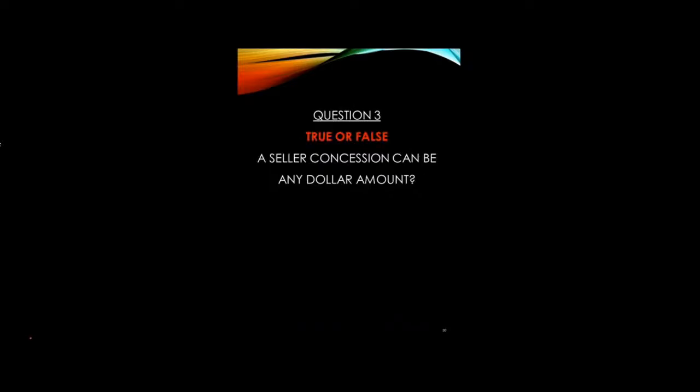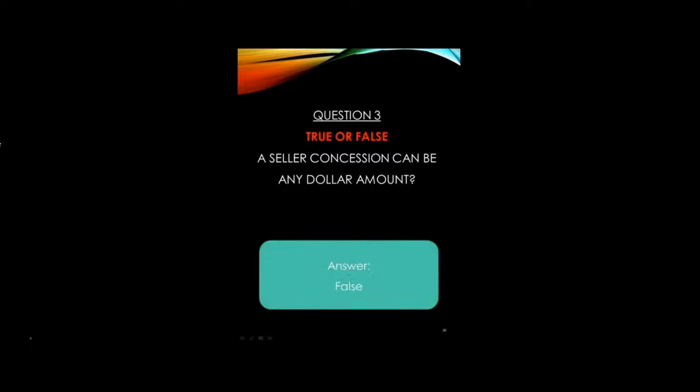Question 3. This one is a true or false. A seller concession can't be any dollar amount. Okay. The answer is false. Now, we never really talked about a dollar amount being a max, but we did discuss that there are limits, and the limits are set on percentages based on your loan amount.